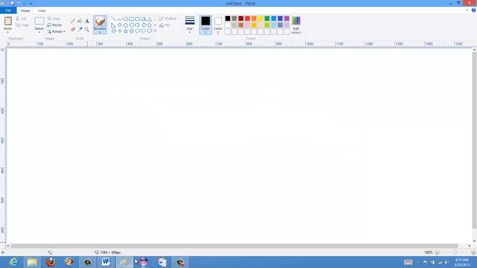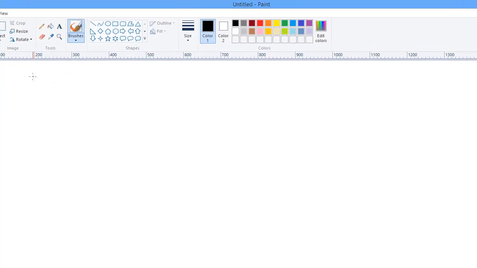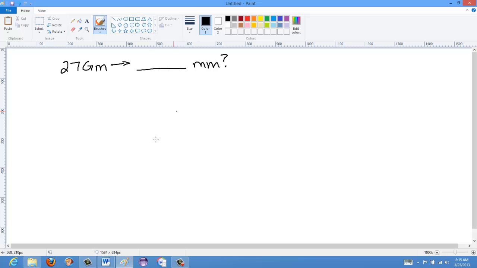Okay, so let's say, for instance, I wanted to convert 27 gigameters, that's 27 billion meters, to its equivalent in millimeters. If that's my question, what I could do is start off with a number line. And what I'm going to do is compare the relative magnitudes of giga with milli.